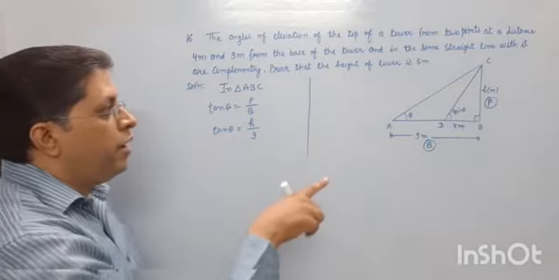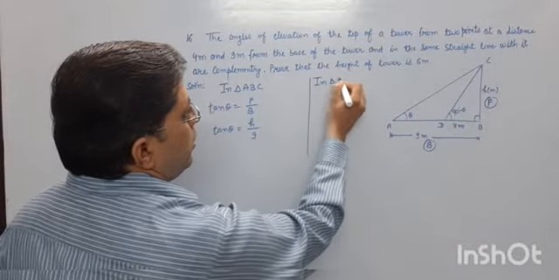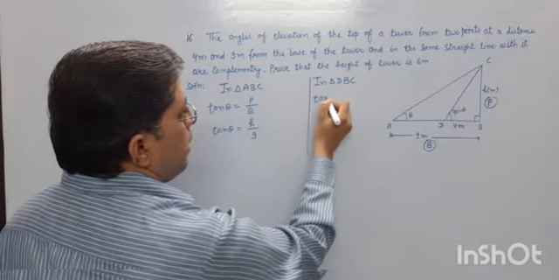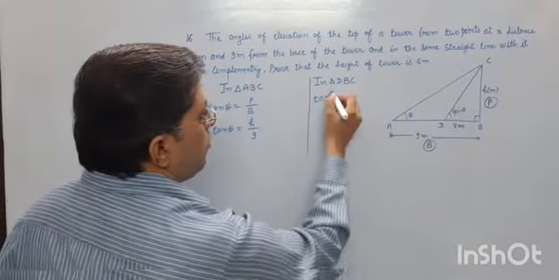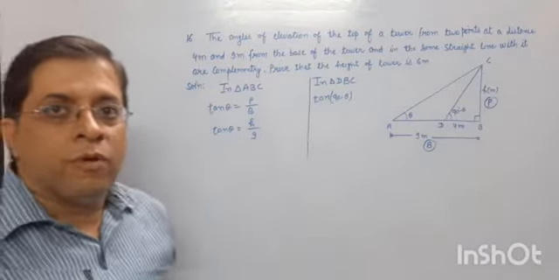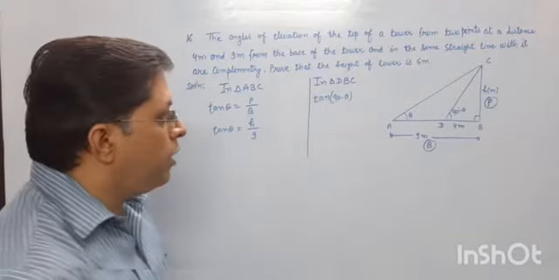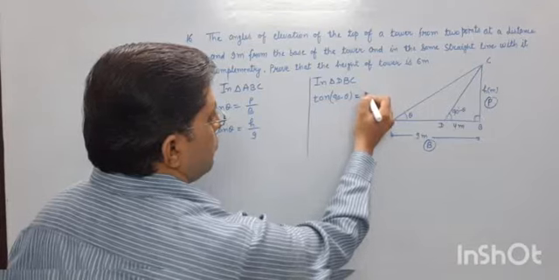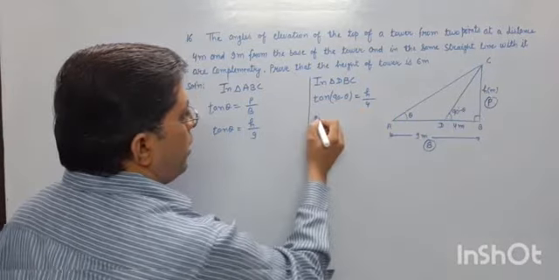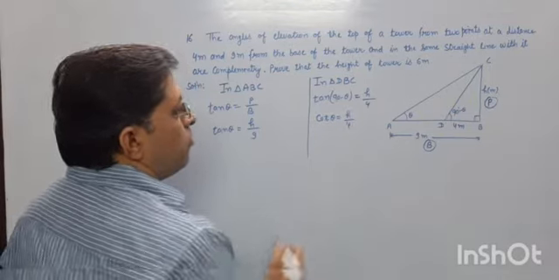Now come to the next triangle DBC. In triangle DBC, again tan. In place of theta, what do I have to write? 90 minus theta, because these two angles are complementary angles. Okay, then this is H upon 4. Tan 90 minus theta is cot theta, so cot theta is H upon 4.